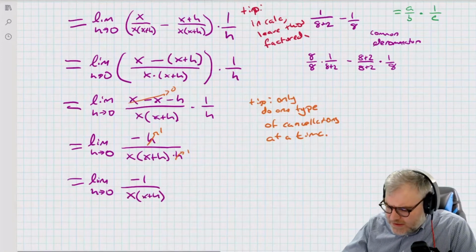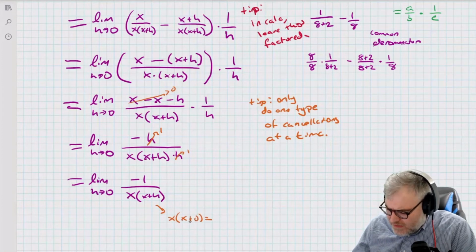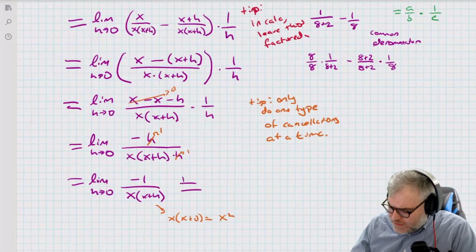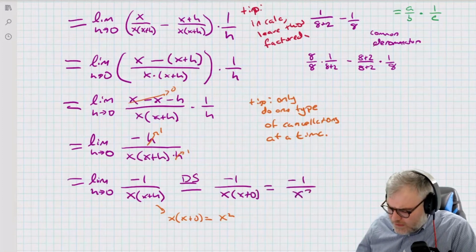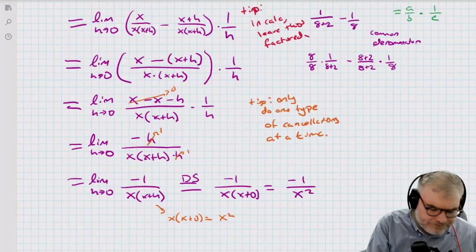Now I'm going to do a direct substitution. So this bottom is going to go to x times x plus 0, the 0 goes away, obviously, and I wind up with x squared. So after a direct substitution, this winds up being negative 1 over x times x plus 0, which equals negative 1 over x squared. Okay, 1 to 5, how do we feel about that?